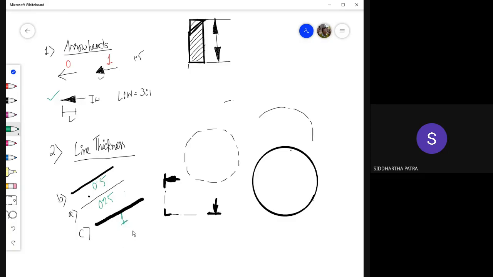Now it's not mandatory to use these values, 0.25, 0.5, and 1. But I think these are possibly more accessible to you. I mean, going for 0.15, 0.25, and 0.5 would be a little difficult, with this 0.15 being really small. And one more thing, this doesn't require you to have a ratio of 1 by 2 going from thick to thin line.